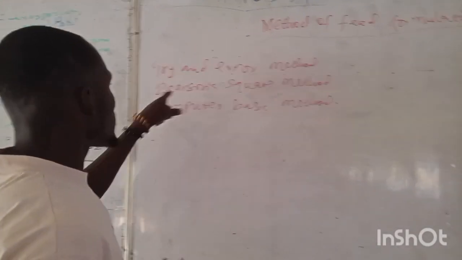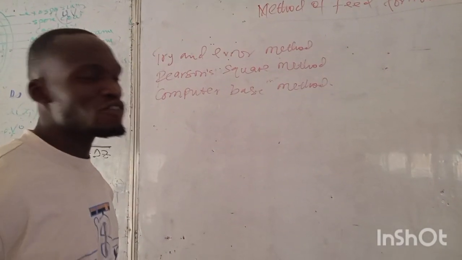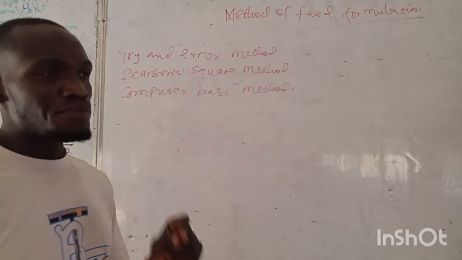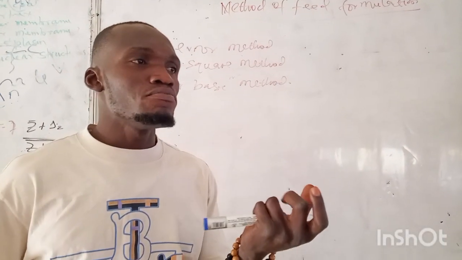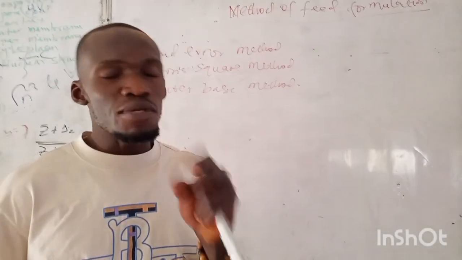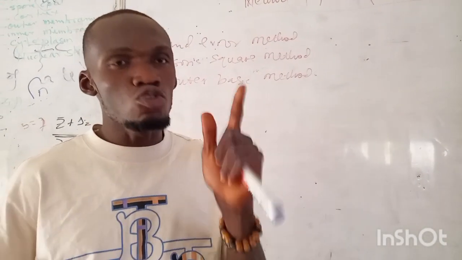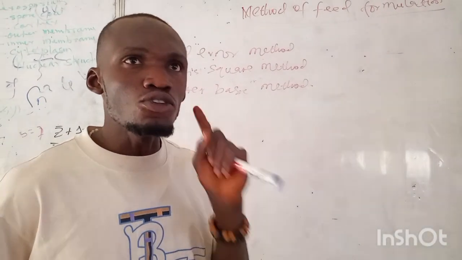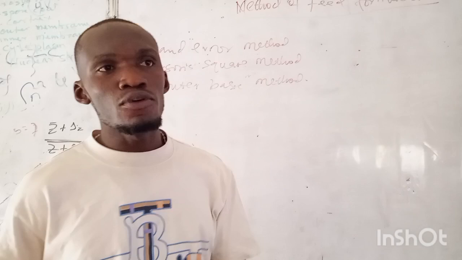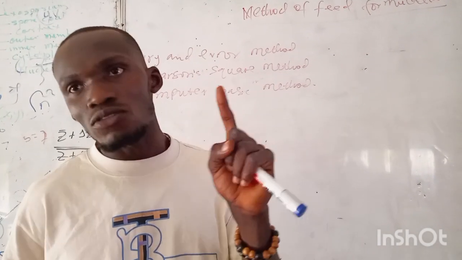Now, Pearson square method, that one you use a particular formula to formulate your feed. But one thing in Pearson square method is this: it does not involve so many ingredients. You only use 2 ingredients to formulate feed, for example, an energy source and a protein source.